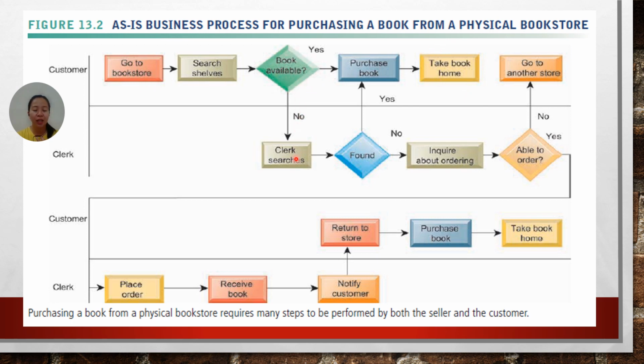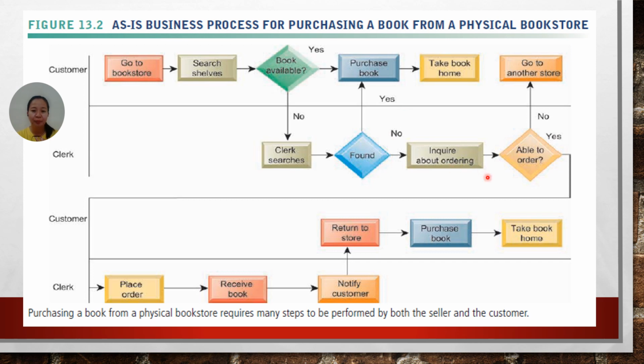Kung hindi naman available yung book, yung clerk ay magsa-search kung saan available, and pag nakahanap siya, yun nga, payment na nung babalik si customer, then bibilihin na yung book, and then yun, successful na item na nakuha niya.